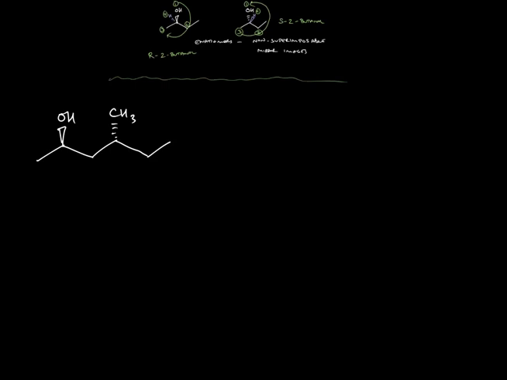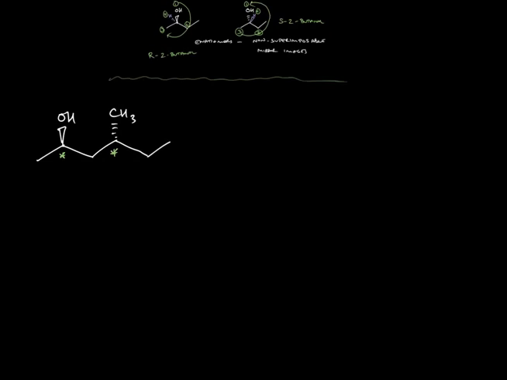So if we look at this chiral carbon on the left, you'll notice that we have an OH, a big old group, a CH3, and then there's an H back there. So those are 4 different things. If you look at this carbon right here, we've got a methyl group, we have a hydrogen, we've got an ethyl group, and we've got that big chunk. So this one is also chiral. So this would give us 2 chiral carbons in this molecule.